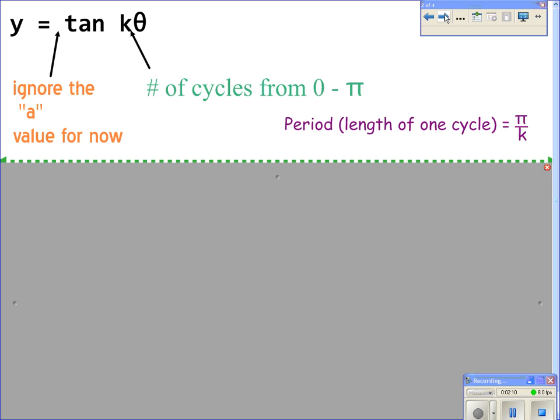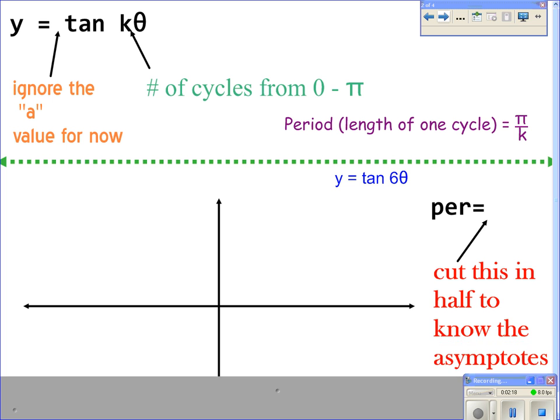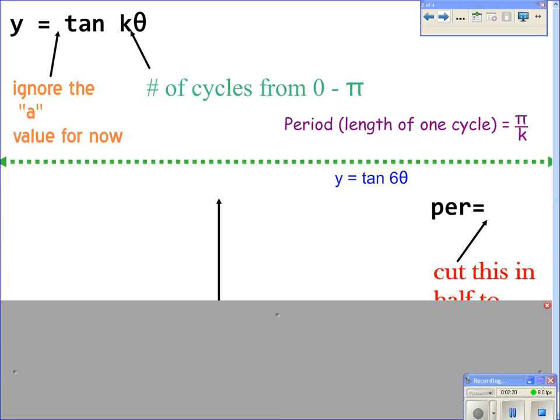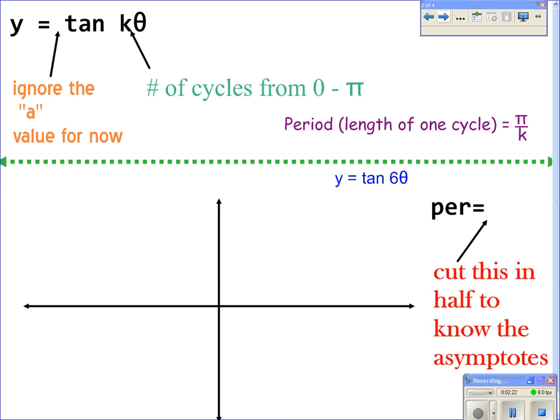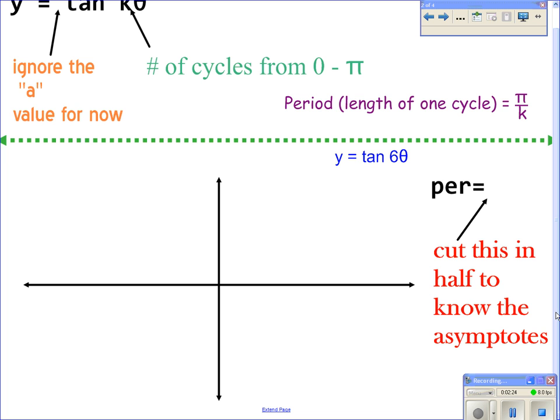So again, the period is the length of one cycle, just like we had with sine and cosine. And we're going to try graphing this equation right here. All right, so y equals tan 6 theta. So we know it's going to cross through the origin.